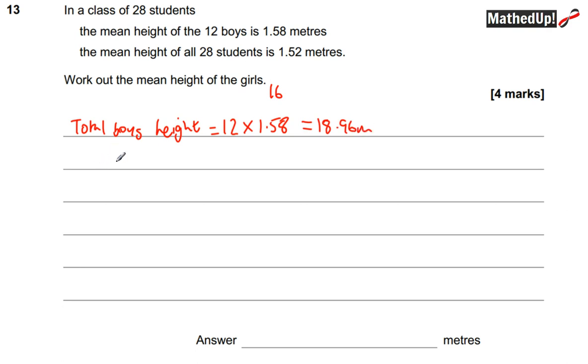Okay, the total height of everybody, so of all 28 students, that's going to be equal to, well, 28 students had a mean of 1.52, so if I added all those together, it should be 28 times 1.52.